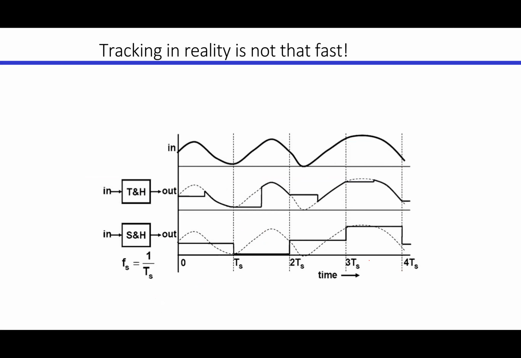We were assuming here that once you close the switch, your output directly jumps and becomes equal to your input. That's not reality. This assumes that you have zero resistance for your switch, which means an infinite bandwidth, which is not a reality.